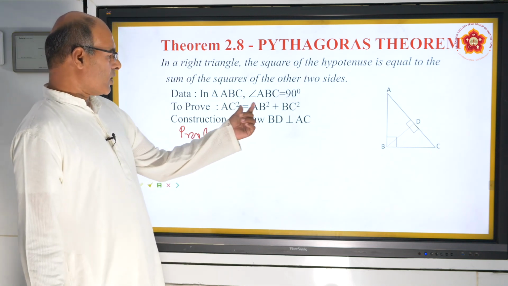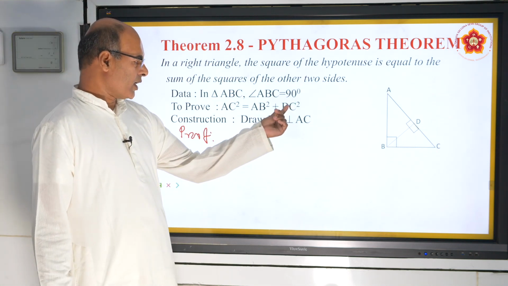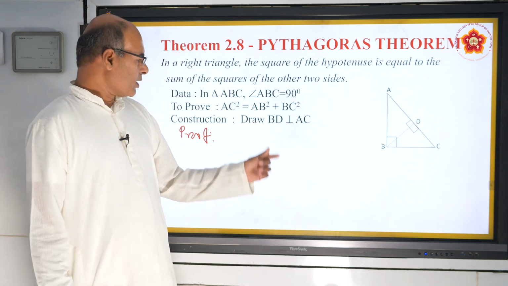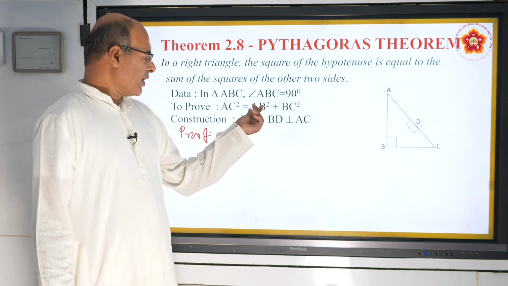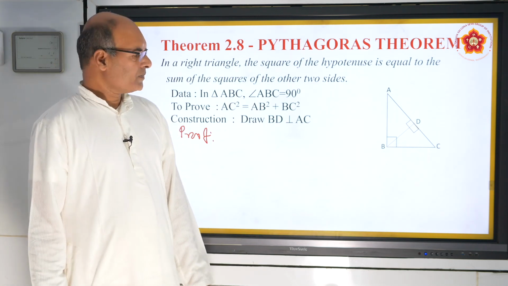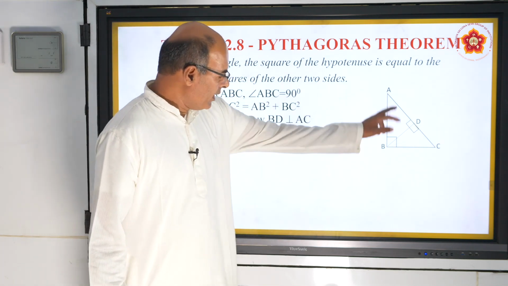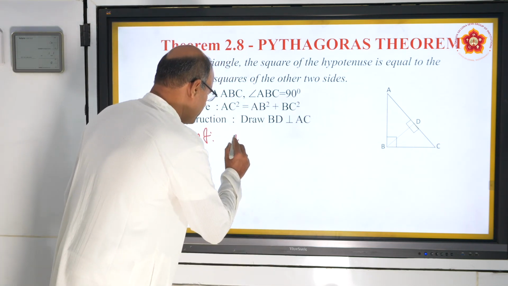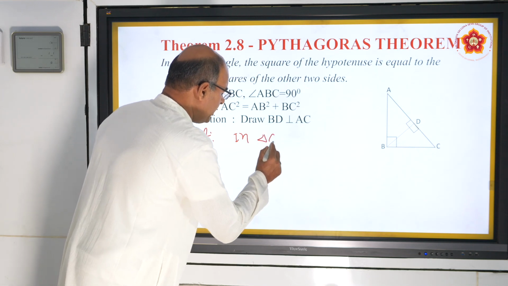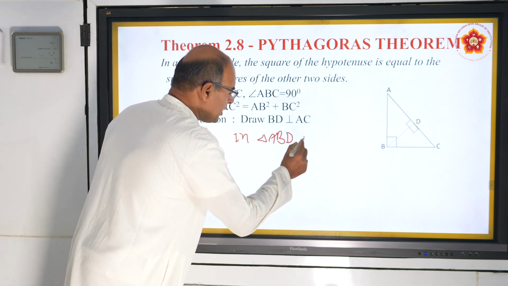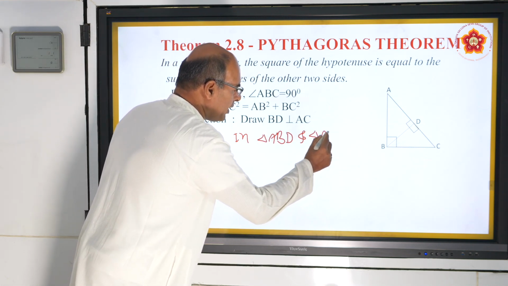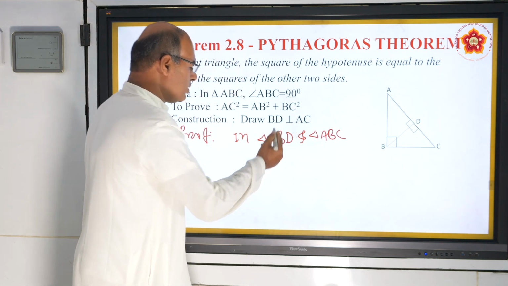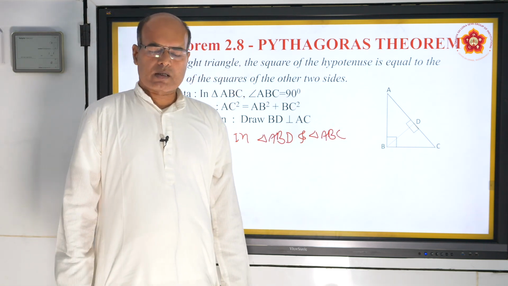We have to prove that AC square is equal to AB square plus BC square. I'll take two triangles having AB as common side. I'll take triangle ABD, so consider triangle ABD, and I will take triangle ABC, which both have AB as common side.